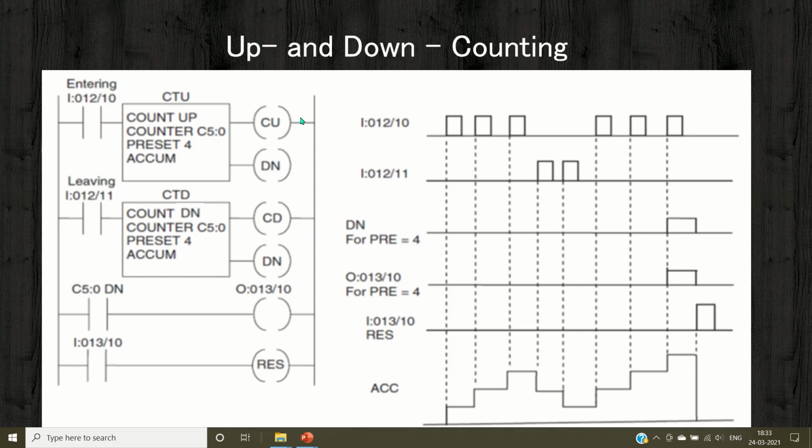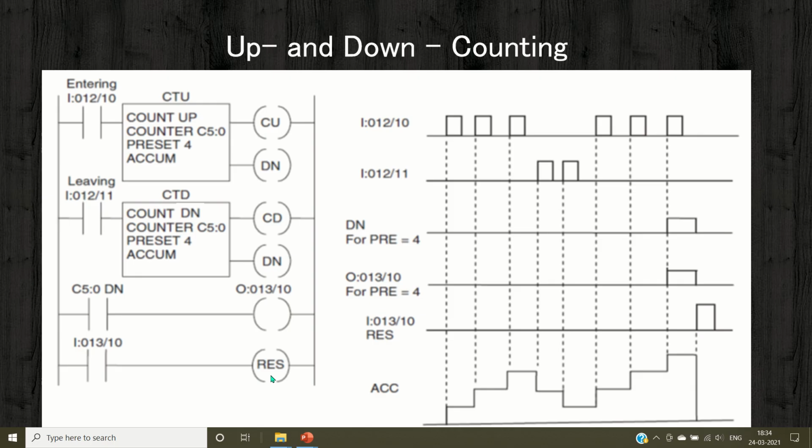Now you can see that the down counter input and this input are completely independent. And you can find that C5.0, the done bit, is ultimately given to your conveyor controlling coil, or rather I should say reset controlling coil.